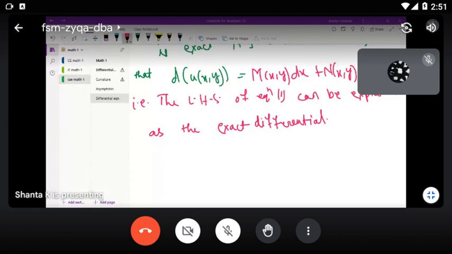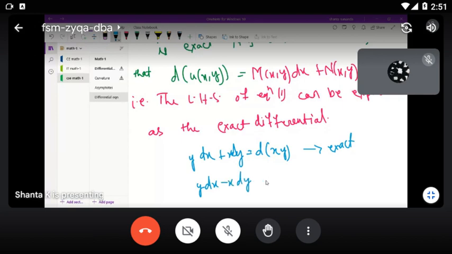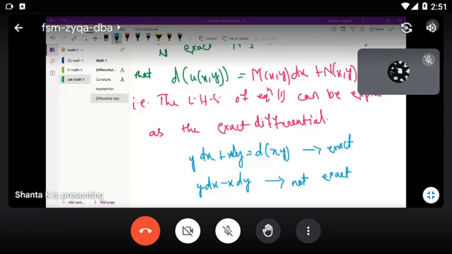So here, if you consider y dx minus x dy, is it exact? You cannot express it. But if you say y dx plus x dy, this is the total derivative of xy, right? So this one is exact. Now if you have a minus sign here, it won't be exact. So we have a formula where you can check whether this is exact or not.